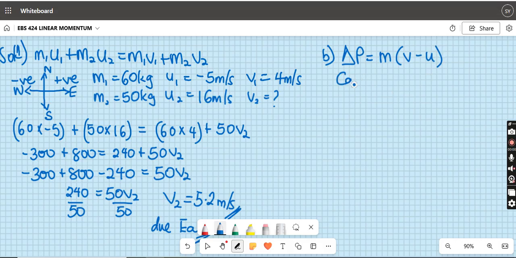Now, for car A, we are going to have m1 into brackets v1 minus u1. So our m1 is 60 into brackets v1, 4, minus u1.